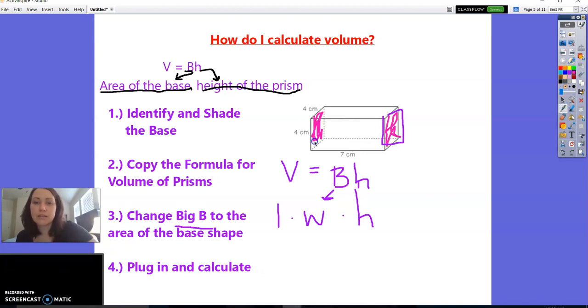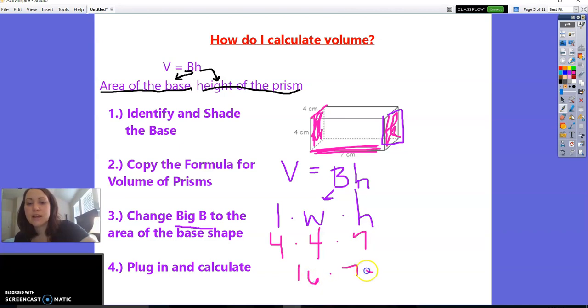So my length here is 4. My width is 4. My height is how far apart the two bases are, so that's a 7. So I'm going to do 4 times 4 is 16, times 7.